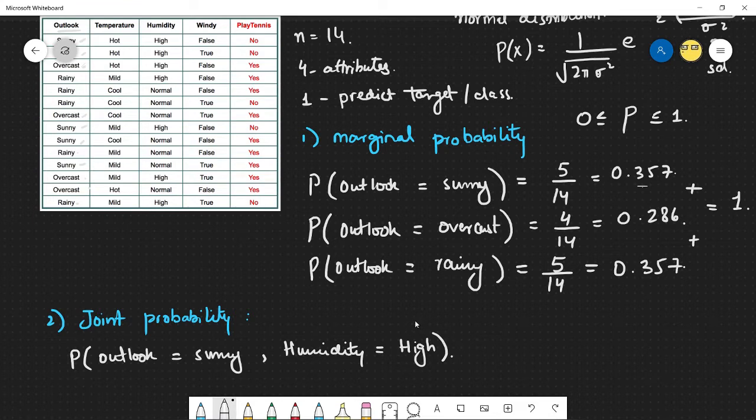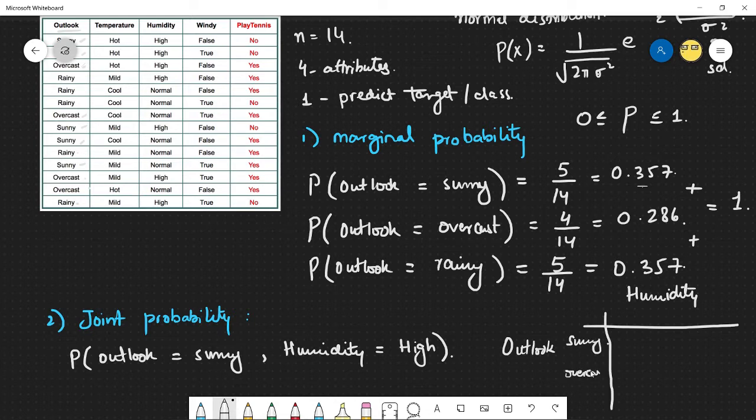To solve that, we're going to build up a table. We're going to look at our humidity and our outlook, and for each of their values, build up a table based on our data. The outlook has the values sunny, overcast, and rainy, and humidity takes on the values high and normal.